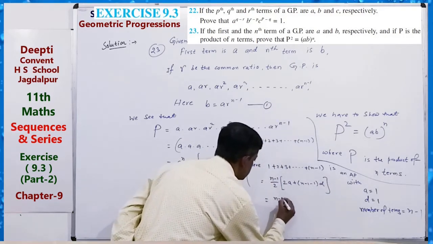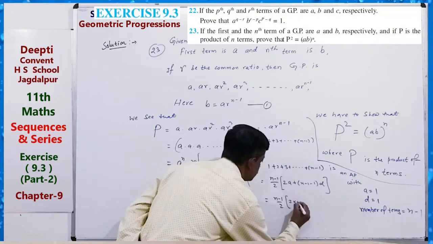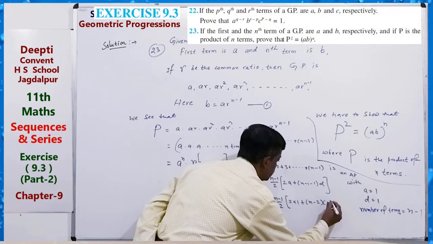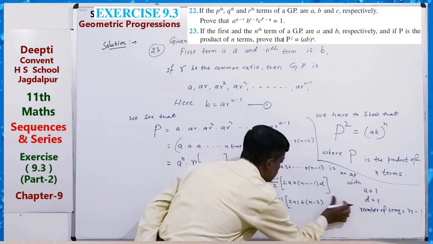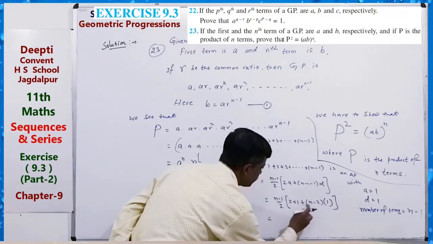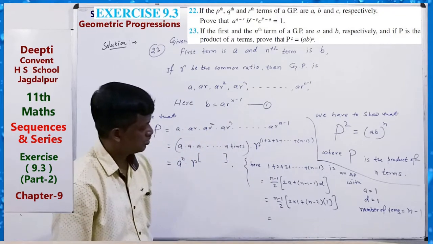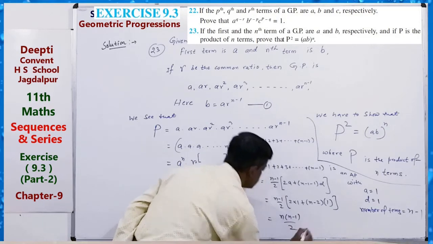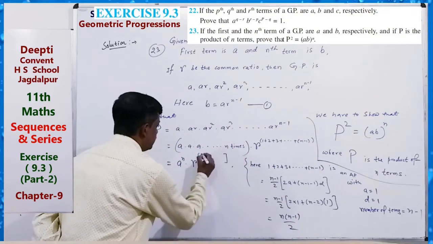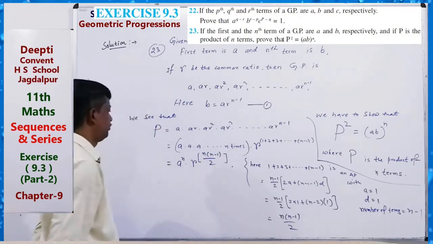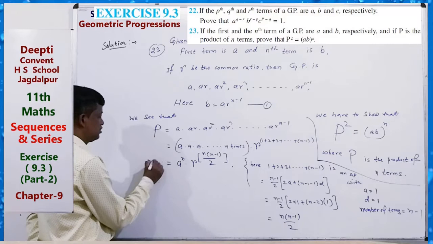So n minus 1 by 2, into 2 into 1 plus n minus 2 into 1. So n minus 2 plus 2, the 2 cancels, giving n minus 1 by 2.